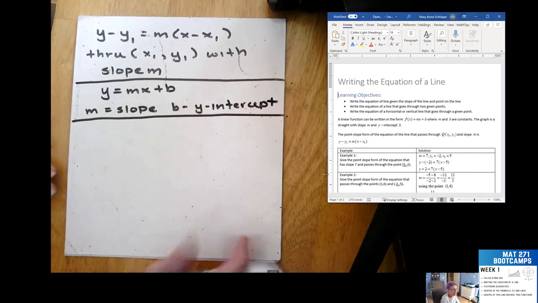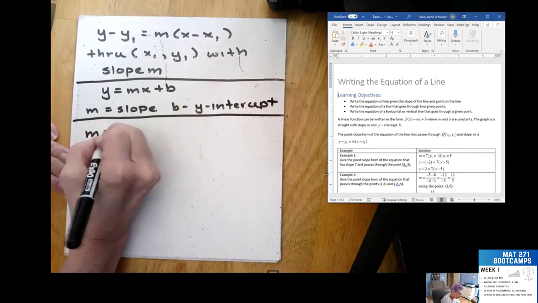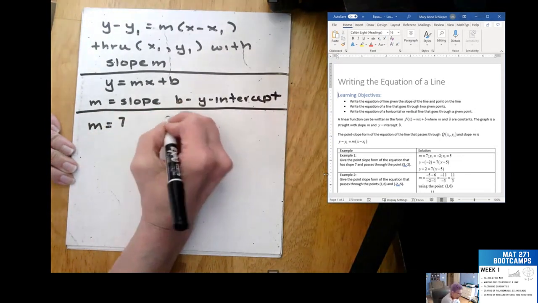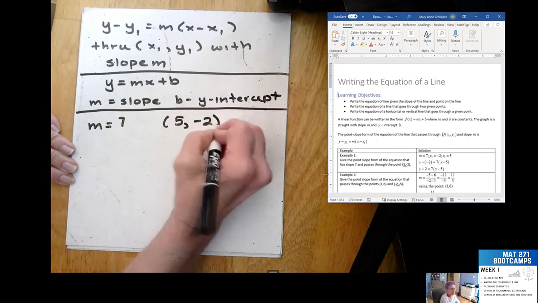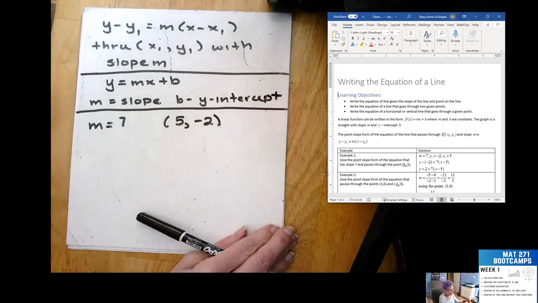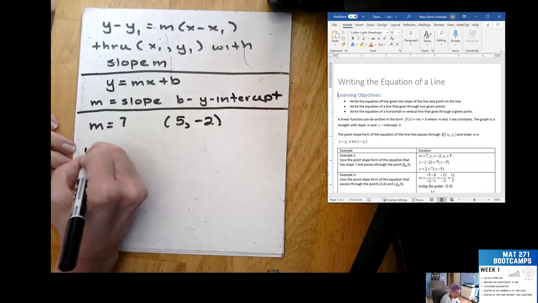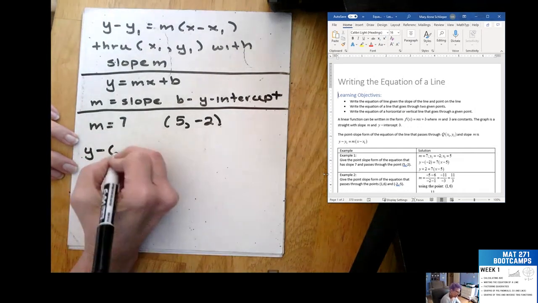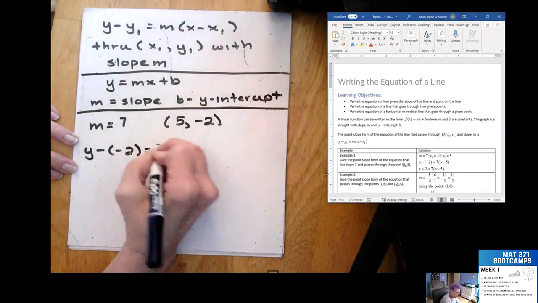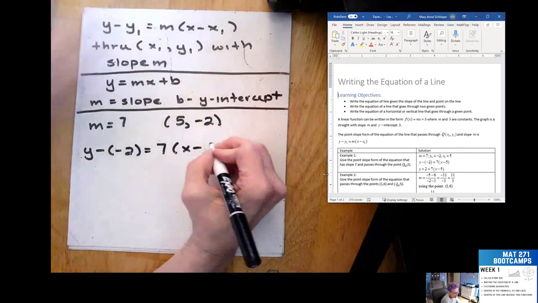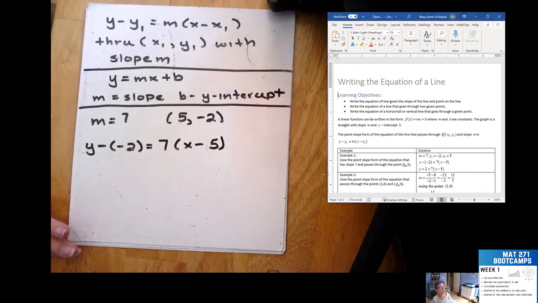So we'll start with a simple example where we're given the slope is equal to 7, and we're given a point that we want it to go through, the point 5 and negative 2. Just following this format exactly, it would be y minus my y coordinate of negative 2 is equal to slope times x minus my x coordinate, which is 5. Now, if you didn't need it in slope-intercept form, then you'd be good to go.